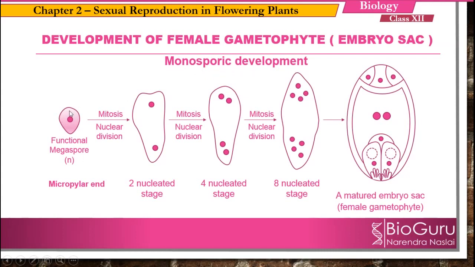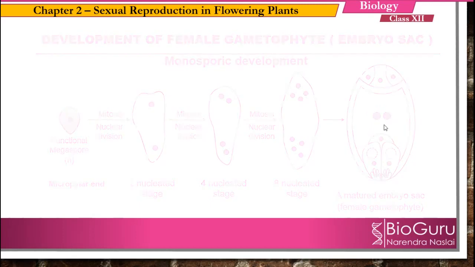Monosporic, here only a single functional megaspore is going to divide into a mature embryo sac. So now in our next slide we are going to study the structure of this mature embryo sac. So let us see.